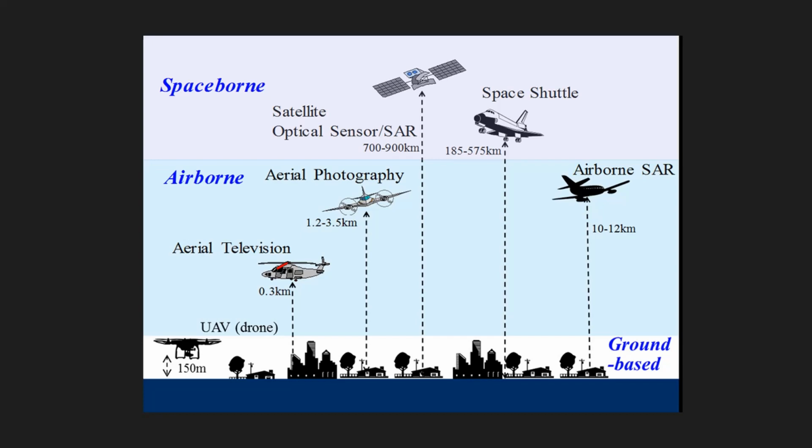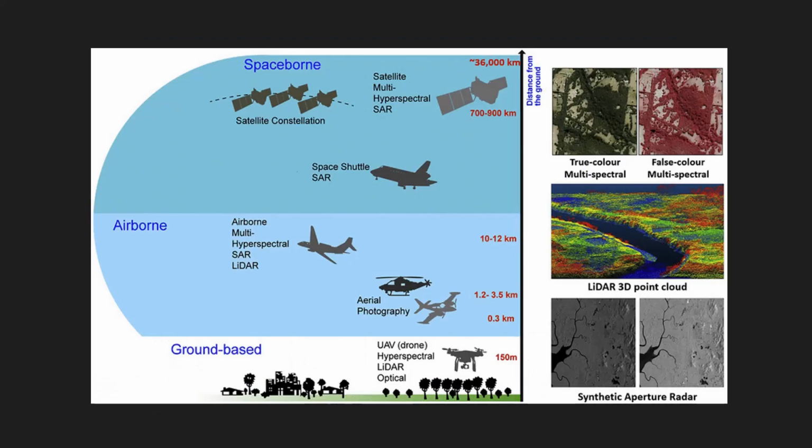Under spaceborne platforms, there are satellites, space shuttles, etc. This figure also shows examples of different types of platforms, and this image also shows what kind of imagery is acquired with all three types of platforms.